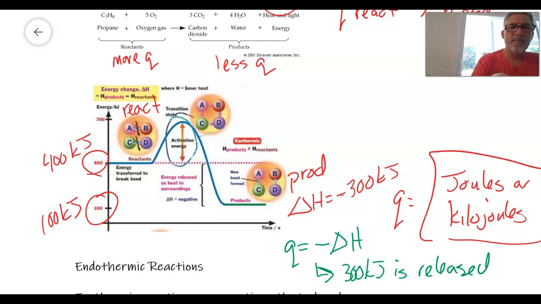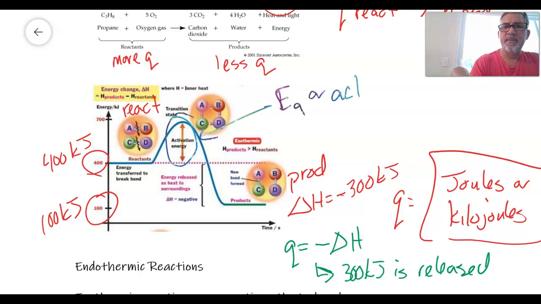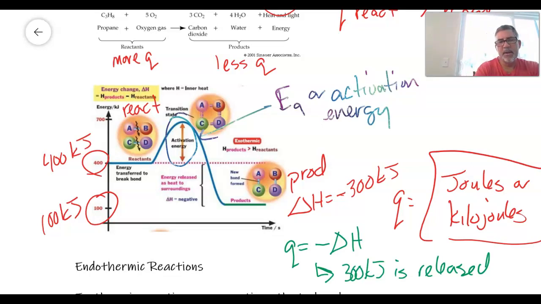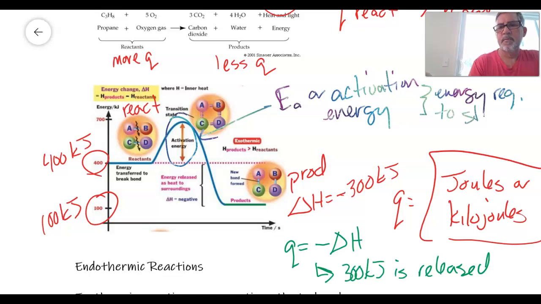This right here is what they call E sub A, or activation energy. Right, so that's called E sub A. So this is energy required to start a reaction.